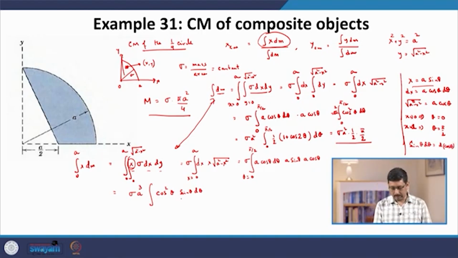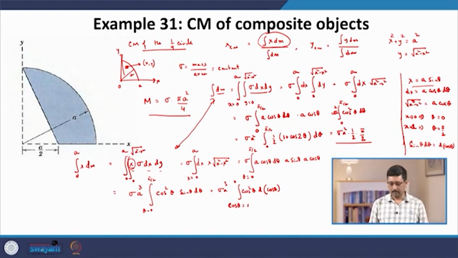So, this is still theta equal to 0 to pi by 2, but now we take cos theta as the variable, and this gives us cos square theta d cos theta, and cos theta varies from 1 to 0, because when theta equal to 0 cos theta is 1, and when theta equal to pi by 2 cos theta is 0. So, there is a minus sign here, and then we can absorb the minus sign by reversing the limit of the integral. So, this is going to give us sigma a cube times 1 by 3.